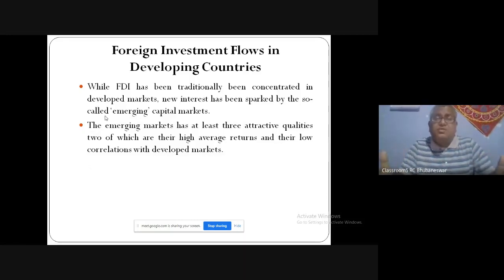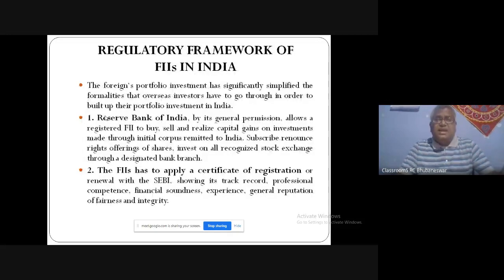If foreign institutional investors or FDIs come up and invest in their business, these are called emerging capital markets, because this way our business can be carried to the next level. There is also a regulatory framework related to FIIs in India.